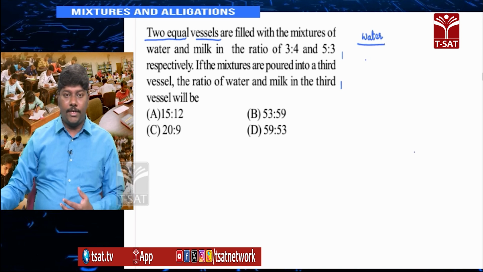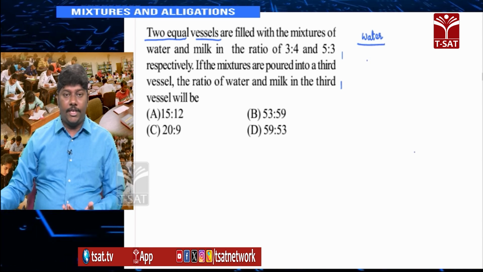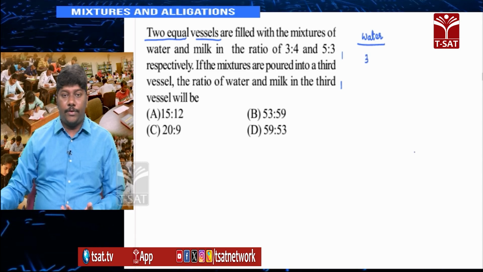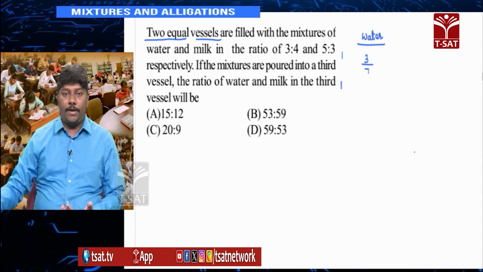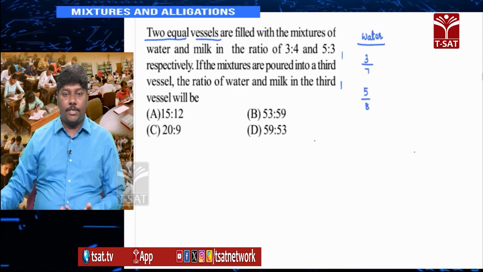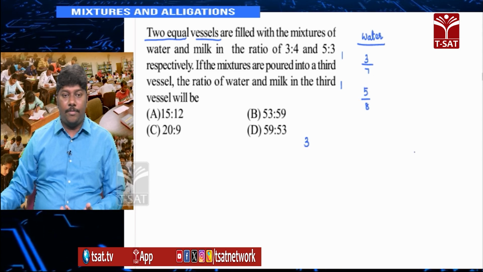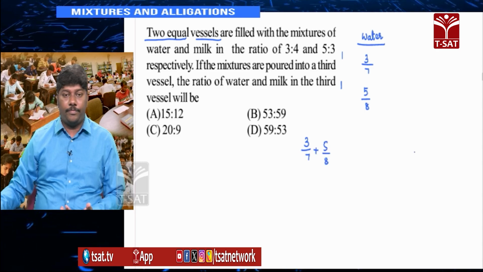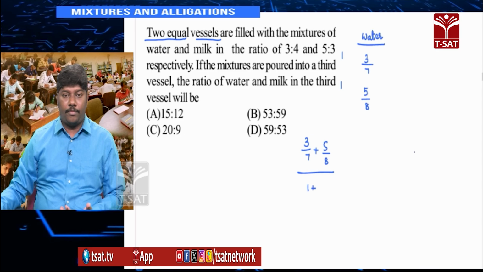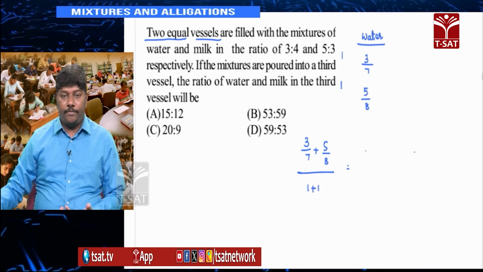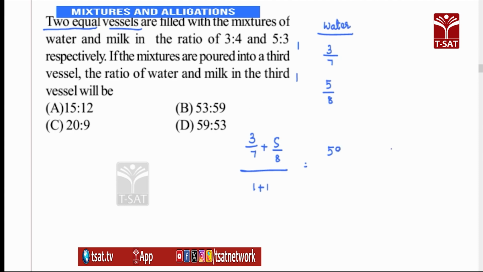In the first one, what is the ratio of water present in terms of fraction? So 3 parts out of total 7 parts. Then 5 parts out of totally 8 parts. Therefore, I would say N1A1 that is 3/7 plus N2A2 that is 5/8, divided by 1 plus 1. 24 plus 35, 59. 56 into 2 that is 112.